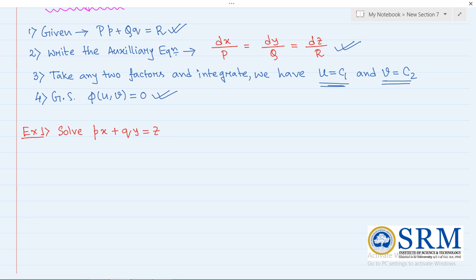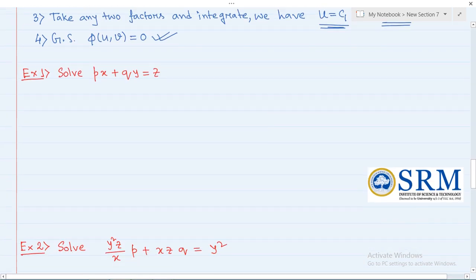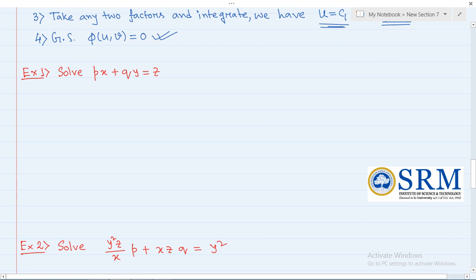Now let us come to the problem, to understand and apply this technique. The first problem gives us small p into x plus small q into y equal to small z. If we compare this structure with capital P into small p plus capital Q into small q equals capital R, then capital P equals x, capital Q equals y and capital R equals z.